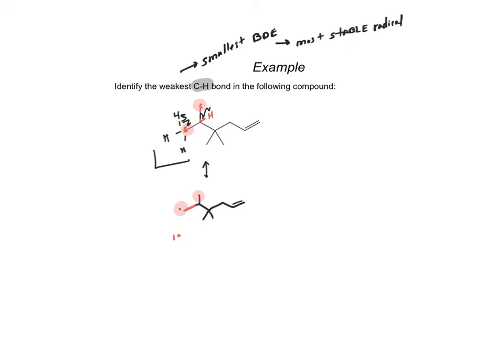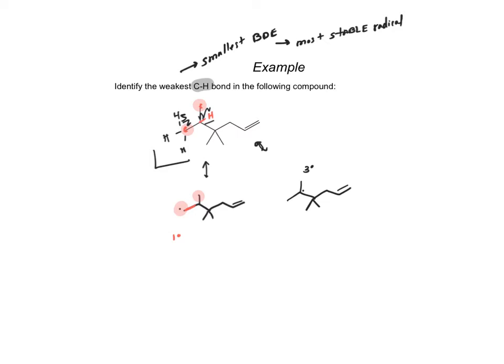Again, this is a homolytic bond cleavage reaction. Overall, I would get something that looked like this, where I get a radical here. If I split that carbon-hydrogen bond in a homolytic fashion, I'm looking at that as its bond dissociation energy. The product overall is going to give me a tertiary radical at this point.